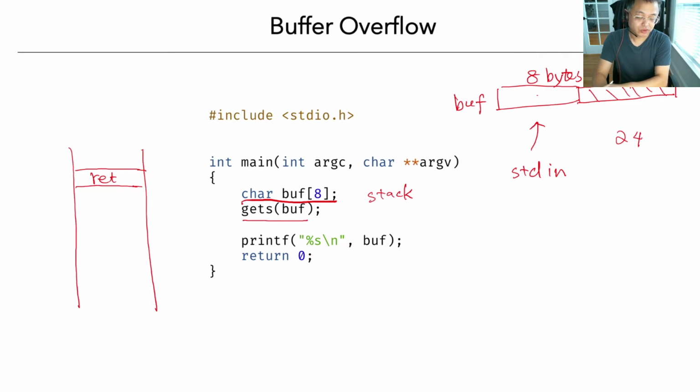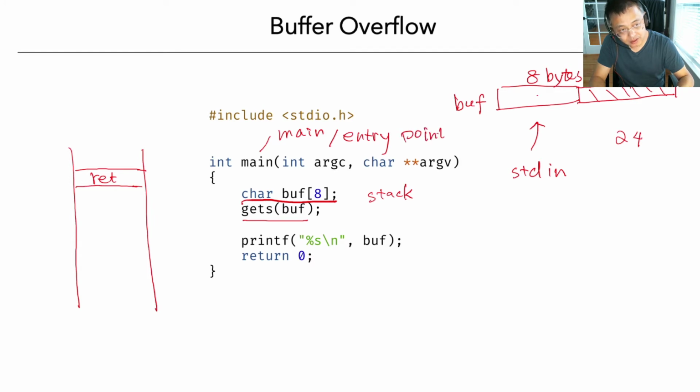Even though main is supposed to be the entry point of your program, the main function is actually not the first function called by the operating system. So there is a return address here, then it's going to allocate the buffer, which is 8 bytes. When you do the gets, it will fill in.